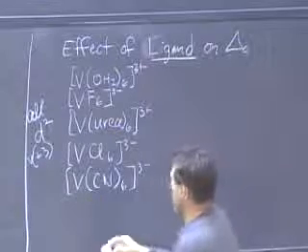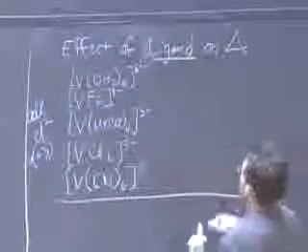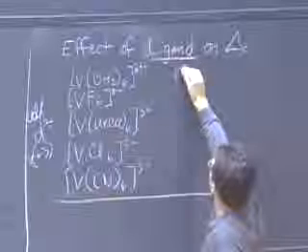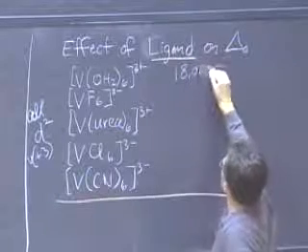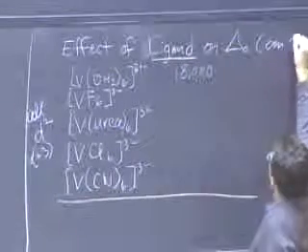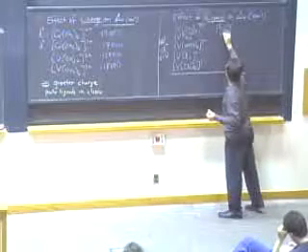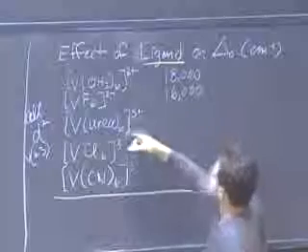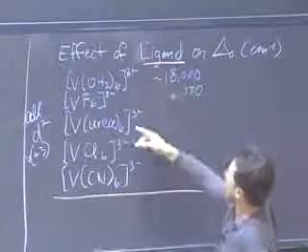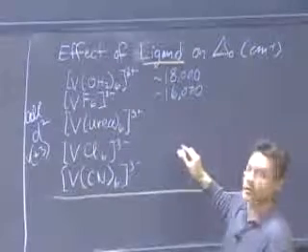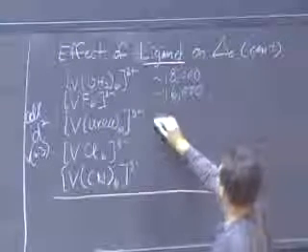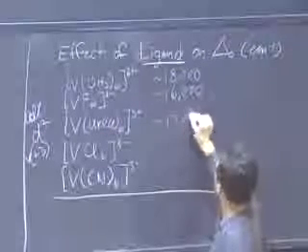Here we're going from 18,000 reciprocal centimeters for the hexaaquo. For the hexafluoride we drop down to 16,000, and this is all approximate, and with 6 ureas on vanadium we go up to about 17,000.